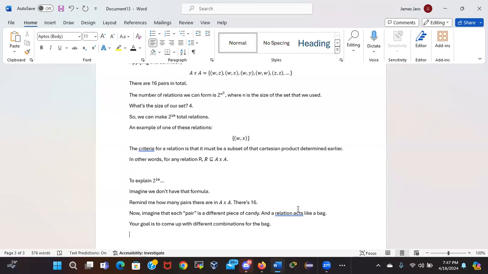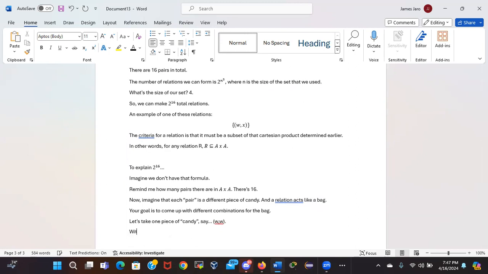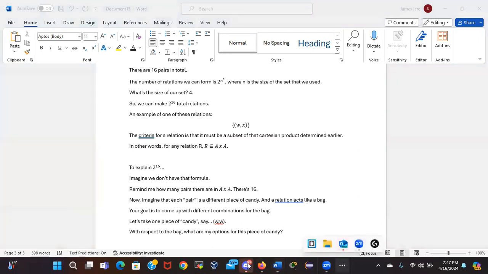So now let's take one piece of candy, let's say WW. With respect to the bag, what are my options for this piece of candy? Just from a logical perspective, what are my options?